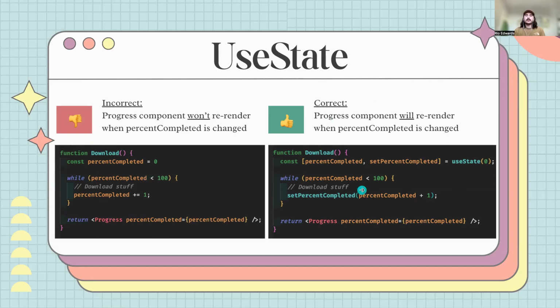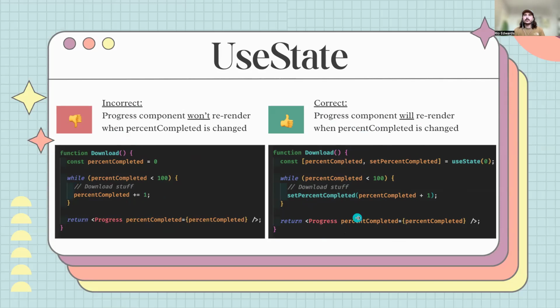This will, so this is the better way to do it. You can still use normal variables in React, and you'll start to see different uses for them, different times you want to use them. But in general, get used to using UseState because that's what will trigger your DOM to update when variables change.